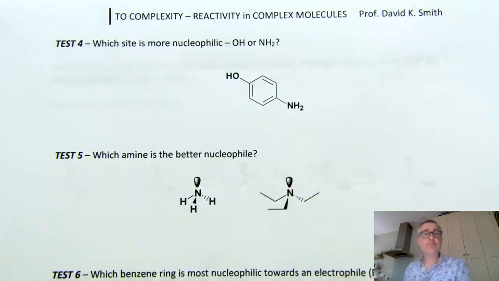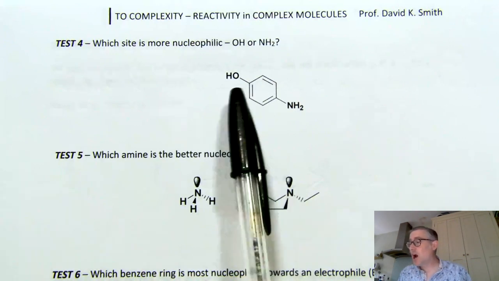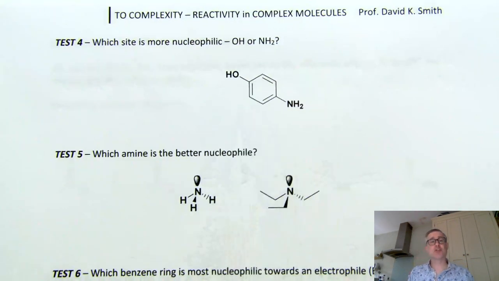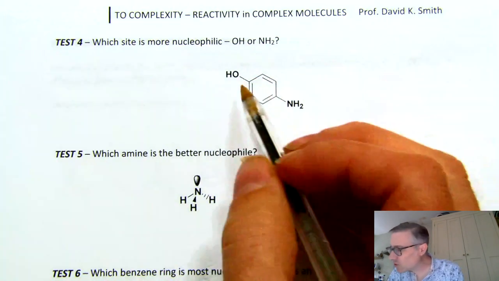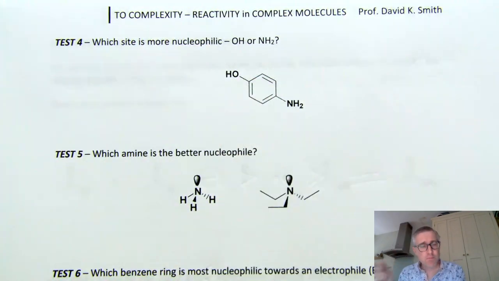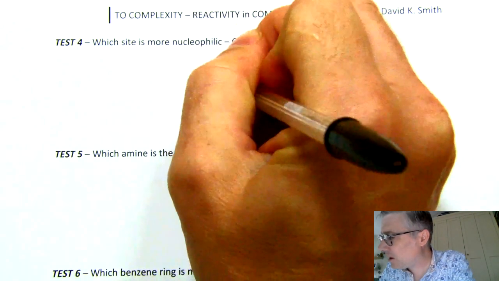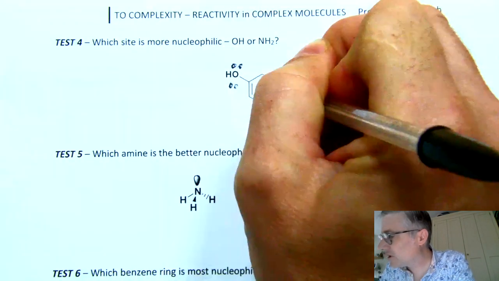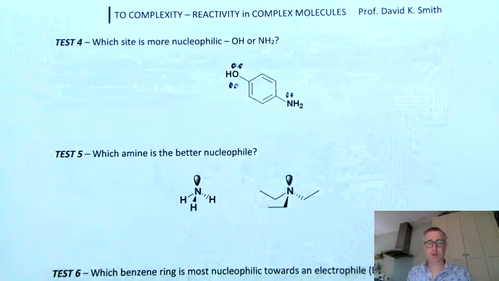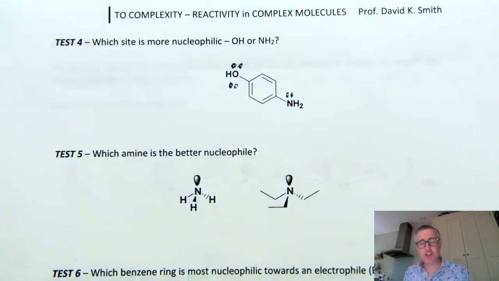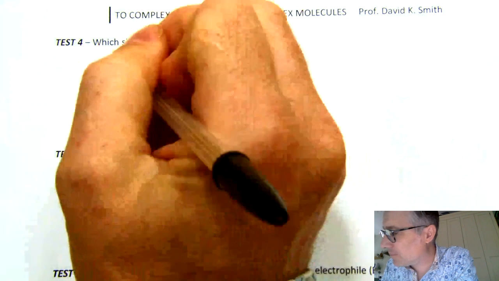Test 4. Which site is more nucleophilic? OH or NH2? Vote now. Again, I bet this is one that some of you got wrong. I bet some of you thought the oxygen was more reactive here. First of all, let's remember, they both have lone pairs, but oxygen has a slight problem.